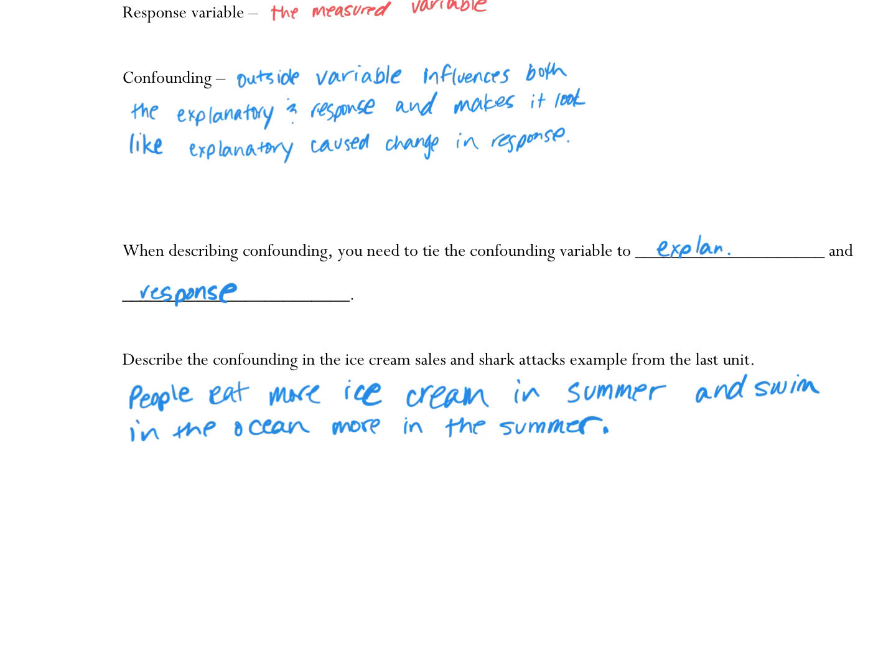So you're connecting the summer to both variables. Okay, so you kind of have to say it explains both things changing at the same time. Is everybody with me so far? And everything we do when we design an experiment is to do our best to eliminate confounding. Okay?